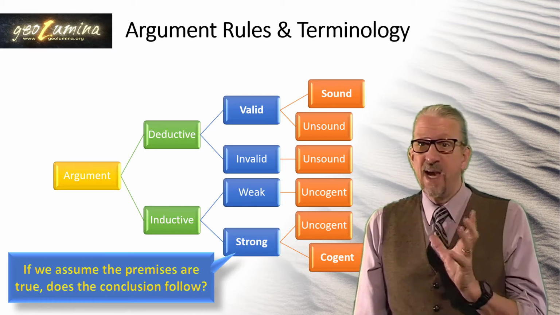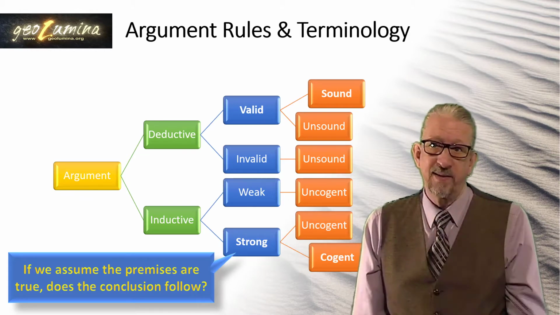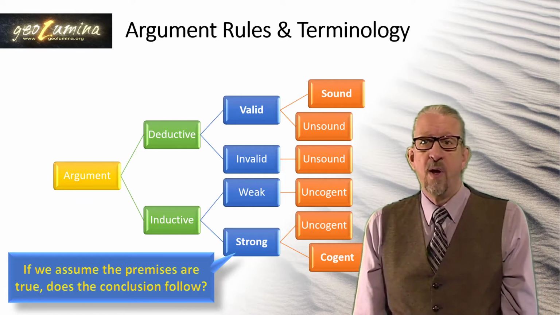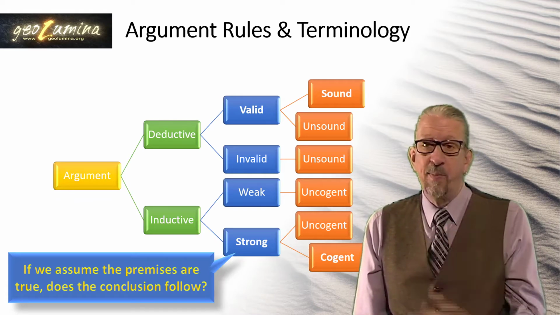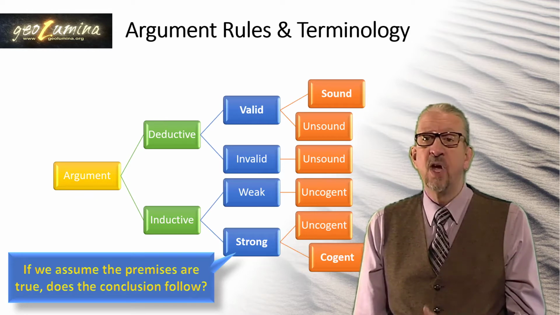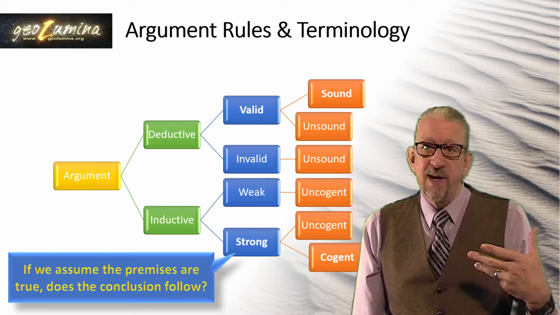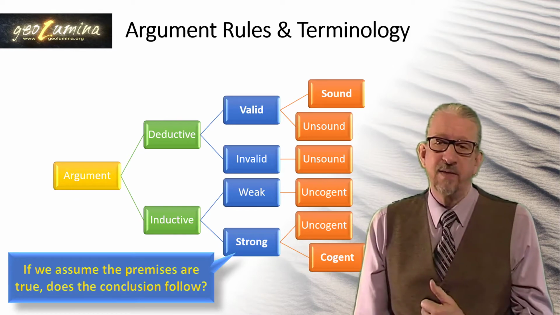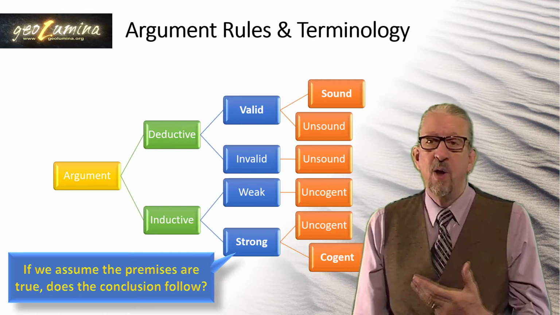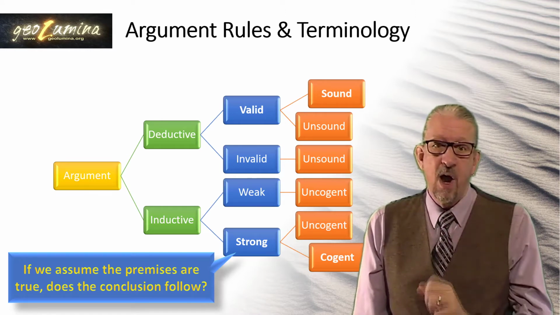And if we can say yes with confidence, if these things are all true, this is the natural conclusion that we can draw in terms of those probabilities, then we can say that inductive argument is a strong argument. So arguments using probabilities, these inductive arguments, are strong, whereas deductive arguments using certainty are valid.